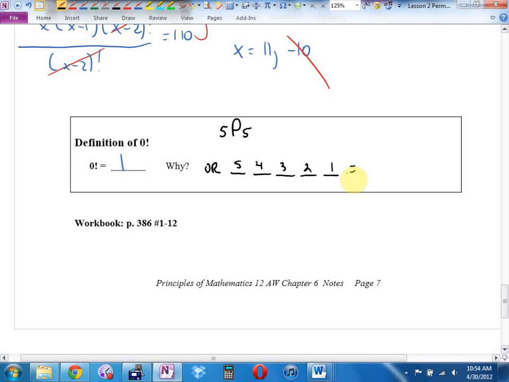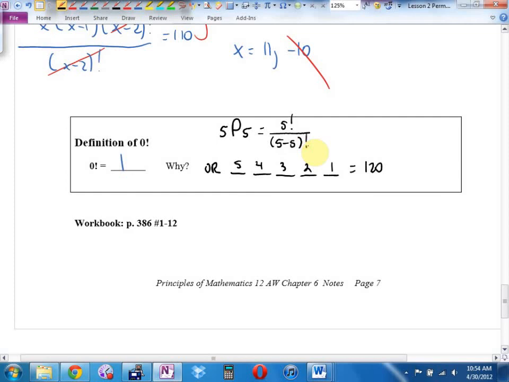What is 5 times 4 times 3 times 2 times 1? 120? I know that there are 120 permutations if I have 5 letters and I pick all 5 of them. But if I plug this into the permutation formula, I get this. 5 factorial all over 5 minus 5 factorial.